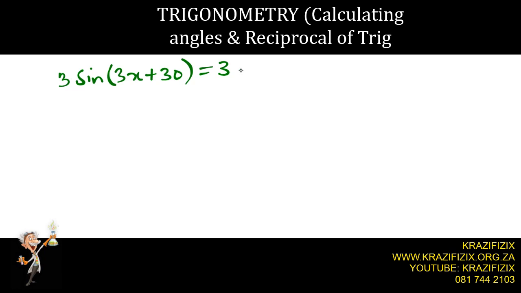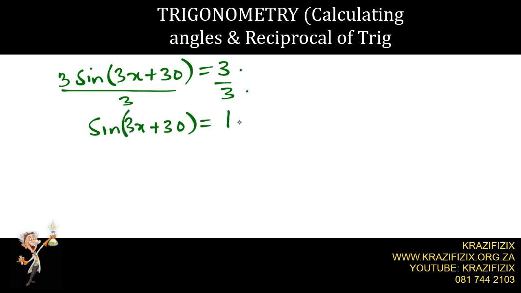Alright, what do we have? Divide both sides by 3. That's what I will do. So what do I have? Sine of 3x plus 30, remember that in the bracket, equals 1. So 3x plus 30 equals arc sine of 1.